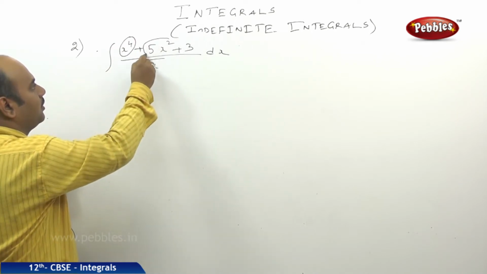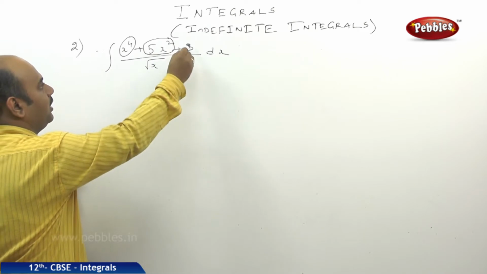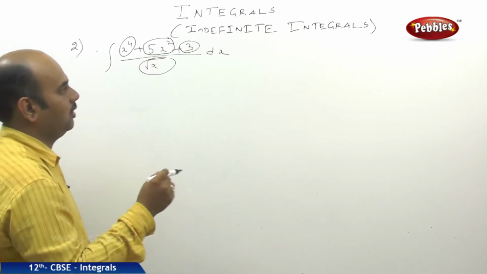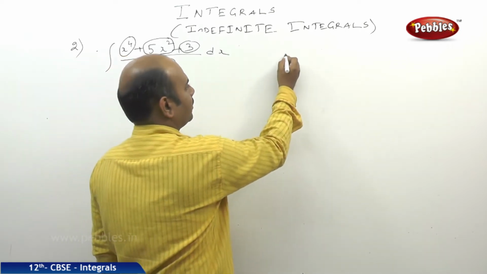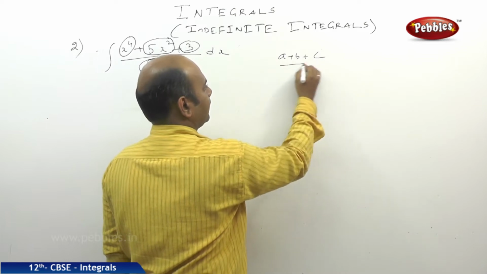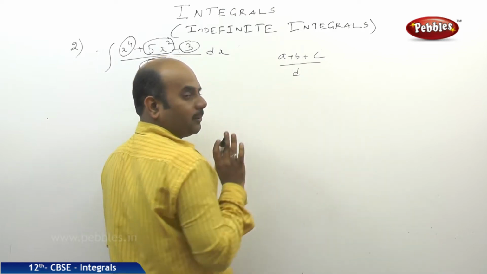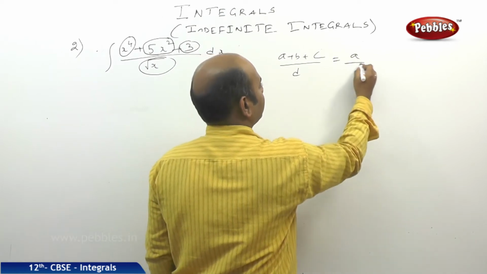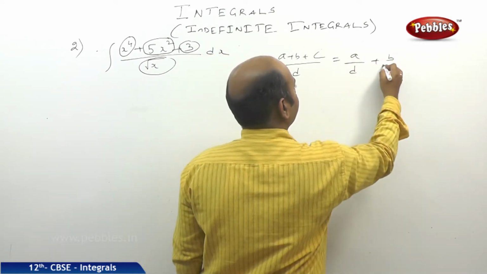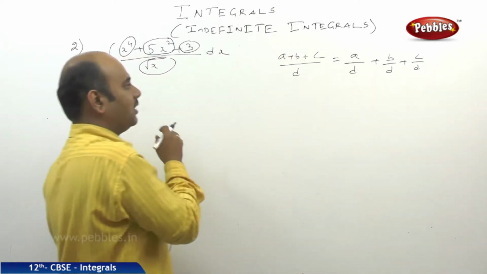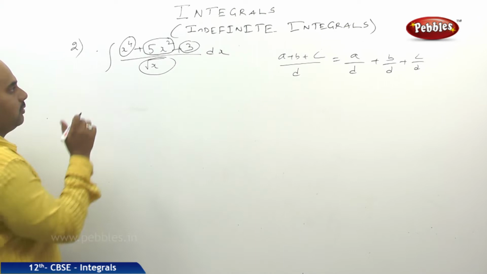I will consider this as A, I consider this as B, this as C, and this as D. In our lower classes, in ratio and proportion, we learned a concept: if A plus B plus C by D is given, it can be written as A by D plus B by D plus C by D. The same technique we will be applying here.